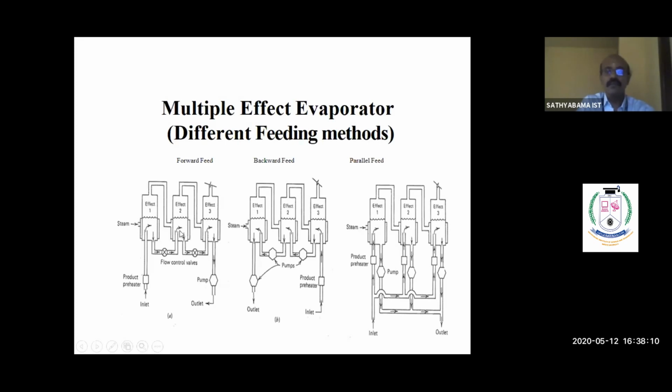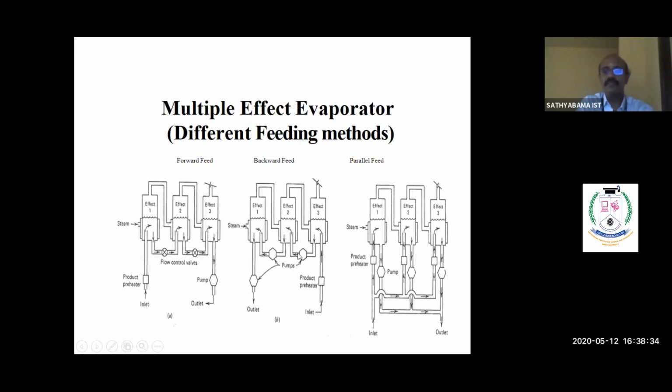So in case of forward feeding, the pressure is of decreasing order, and that's why we are not installing a pump here. Only for the last effect, we have a pump to transfer the product from the last effect. Whereas in case of backward feeding arrangement, we have a pump installation in each and every effect, because the feed material is to be transferred in the order of increasing pressure.